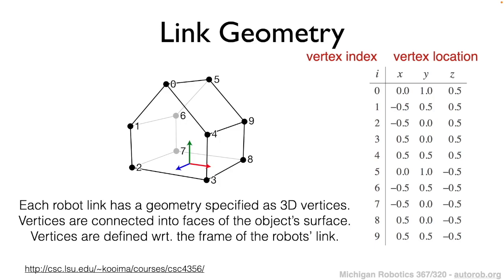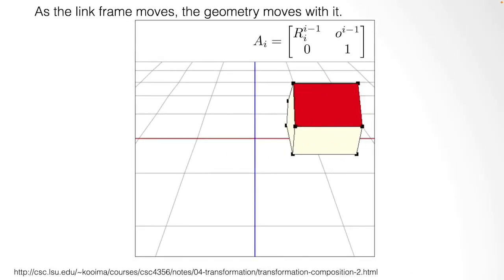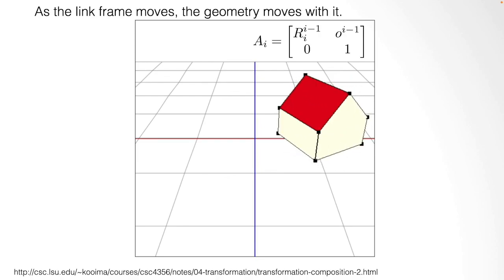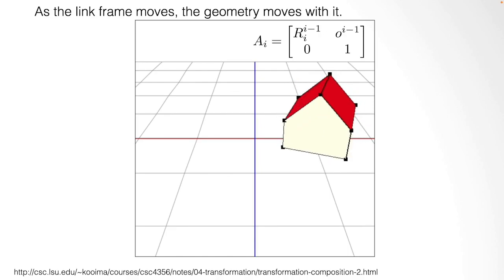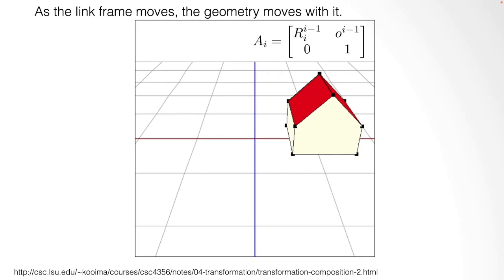Using this representation, we can express this link within space based on the location of its vertices, and we can then transform this link within space by transforming the location of the vertices, right? So in this particular case, what's shown here is we can rotate the link, and we can translate the link within this world coordinate frame.